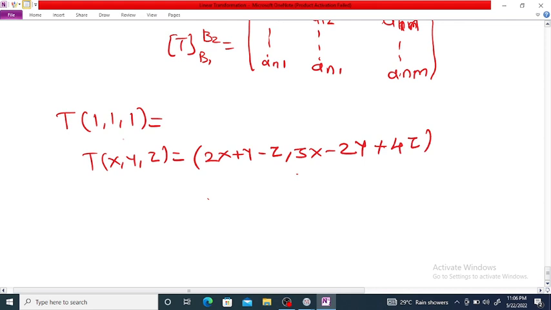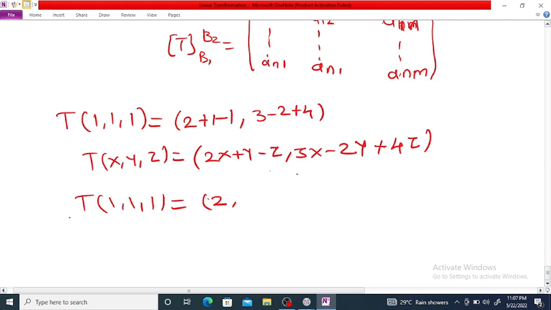So T of 1 1 1 is equal to 2 plus 1 minus 1 and 3 minus 2 plus 4. Therefore T of 1 1 1 is 2 plus 1 is 3, minus 1 is 2, and 3 plus 4 is 7, minus 2 is equal to 5.